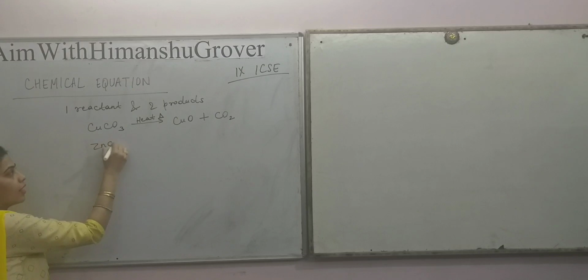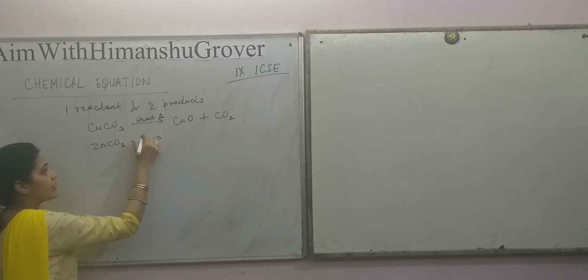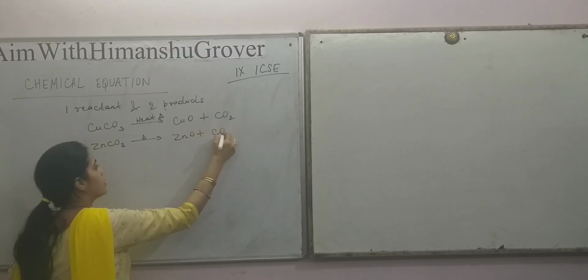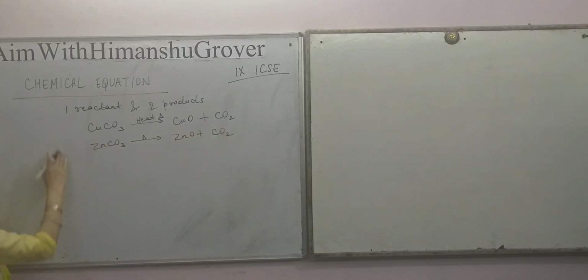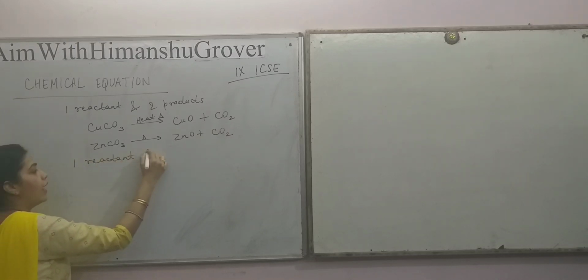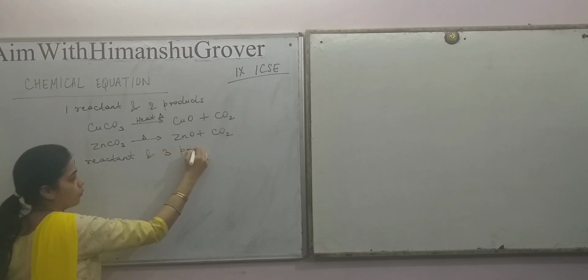Next, zinc carbonate, when it is heated, gives zinc oxide plus CO2. These reactions involve one reactant and two products. Next, we have one reactant and three products also.